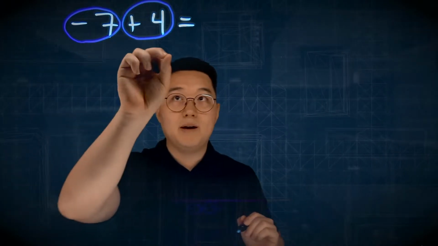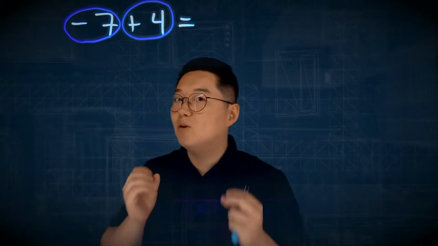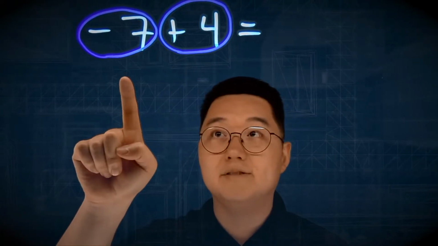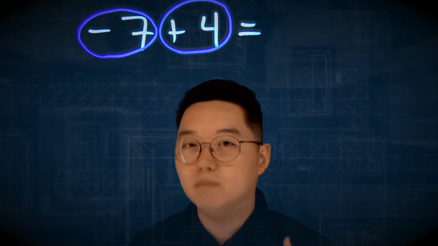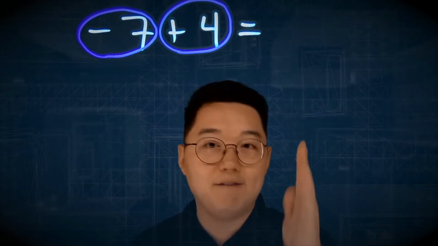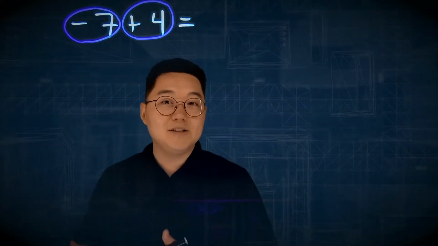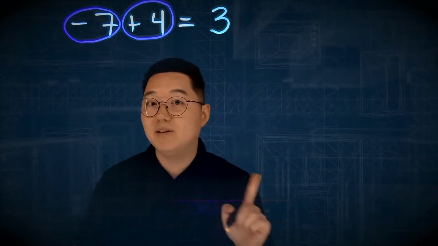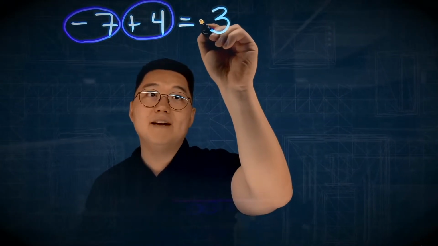Now negatives and positives cancel, but do I have more negatives or more positives? Well, in this example, I definitely have more negatives. But the question is, how many more negatives do I have left when everything cancels? The answer has to be not positive 3, because I don't have positive 3 left over. I definitely have negative 3.